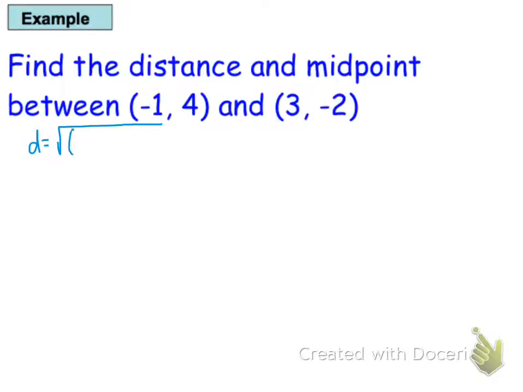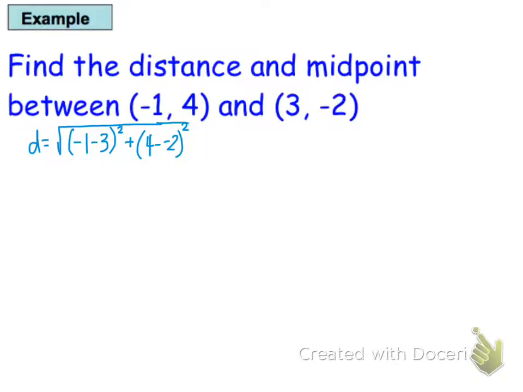So I'm going to do -1 minus 3. That answer will be squared. And we're going to subtract the y's. So we'll say 4 minus -2. And that answer will also be squared.